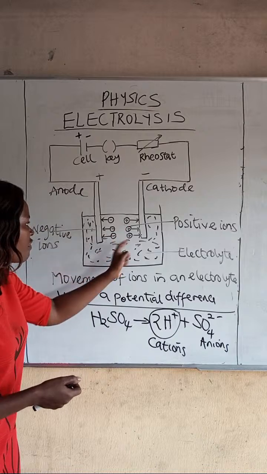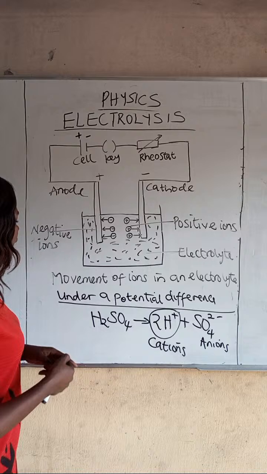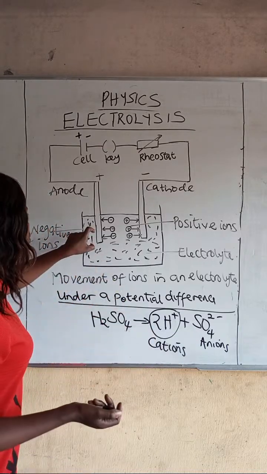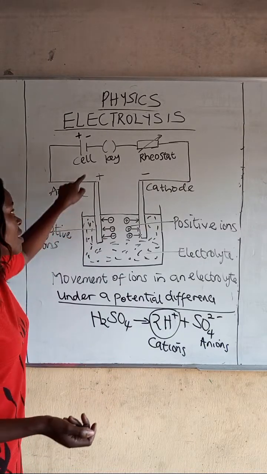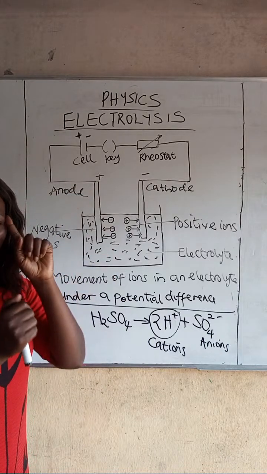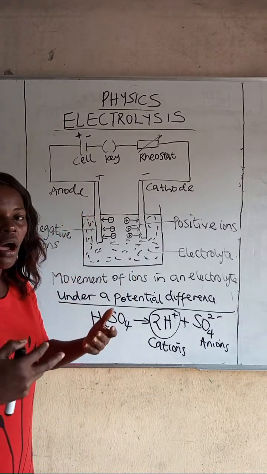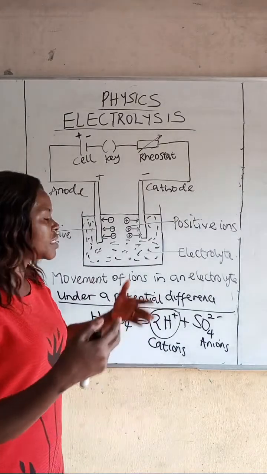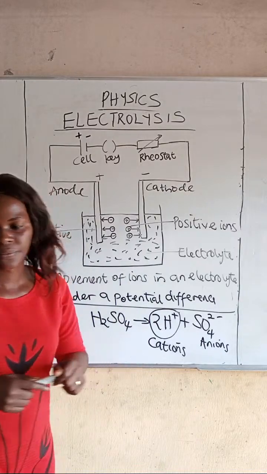That is why these positive ions are going towards this cathode. And these anions, they are negative, they are going to go towards the anode, because the anode is a positive electrode, so that positive and negative can attract. Do we understand? Then the work of the cathode is to collect all positive ions, while the work of the anode is to receive all negative ions. I hope you understand. Okay.